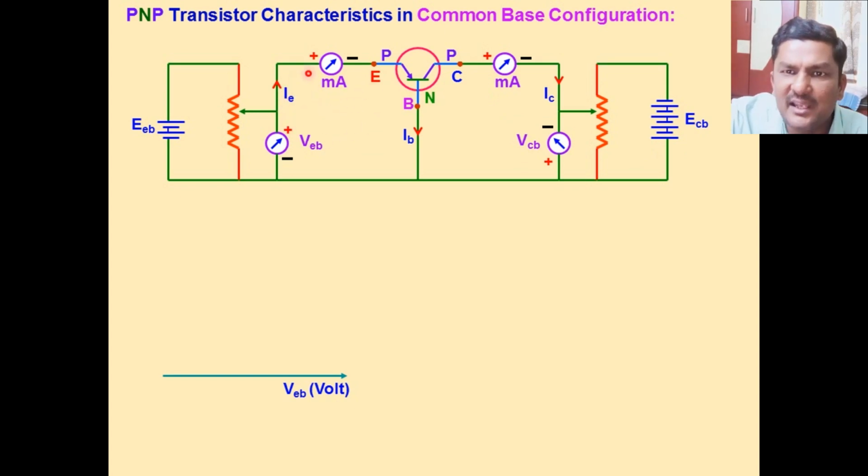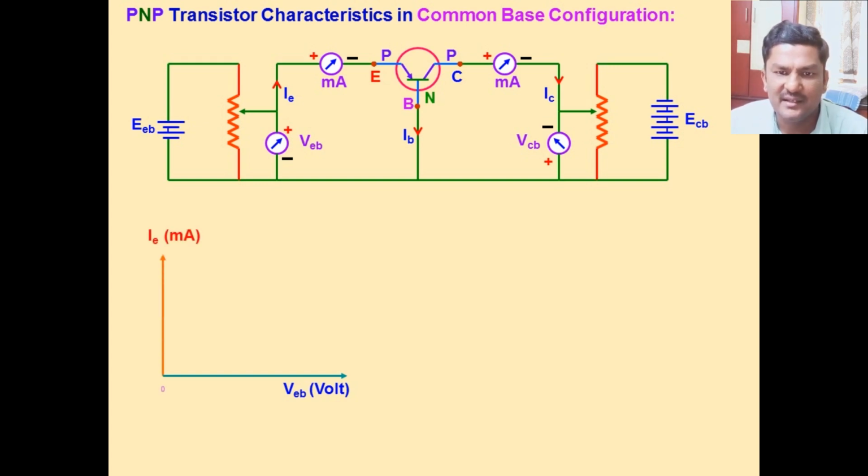To observe the input characteristics of a transistor, the output voltage VCB should be kept constant, and by changing the values of VEB, we note the values of IE in the milliammeter. So first we observe the input characteristics of the transistor.